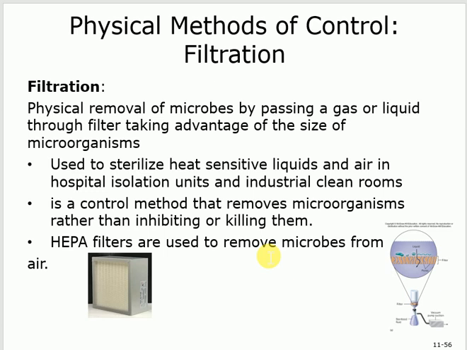This is just for your own information: why don't they make filters small enough to even block the endospores? Because this is not going to give you the air that you want. The air conditioner will stop working. The filter pores would have to be extremely small, and the air will not come out from the other side as much as you need. So the air conditioner will be useless if you do that.